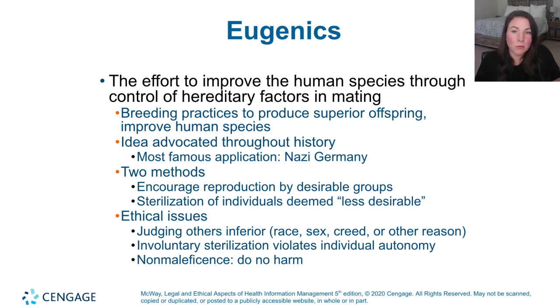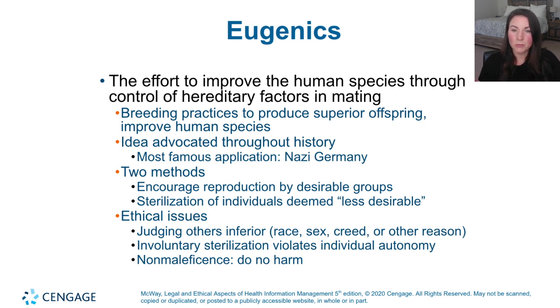Okay, so this was people with mental disorders, people that were deaf or blind, anyone with any musculoskeletal issues, and the list goes on. So there are two different methods of eugenics.